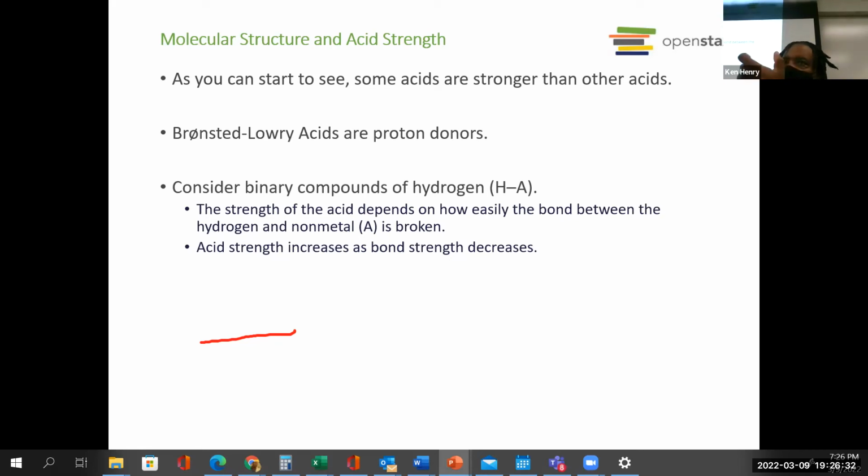The weaker your bond strength is, the stronger your acid. The stronger your bond strength is, the weaker your acid. The intermolecular bond, yeah. And the intra, as in within that atom itself. Yeah, that's right.